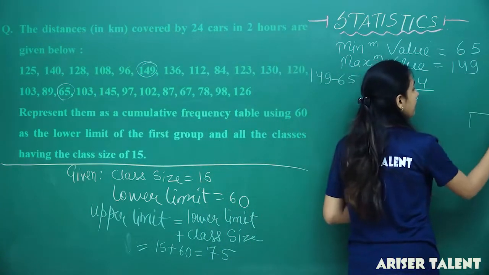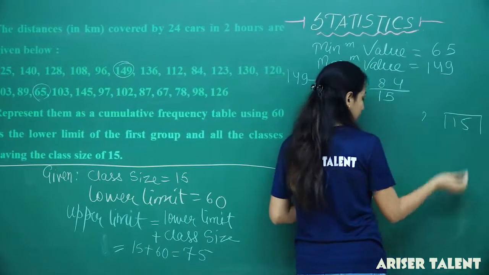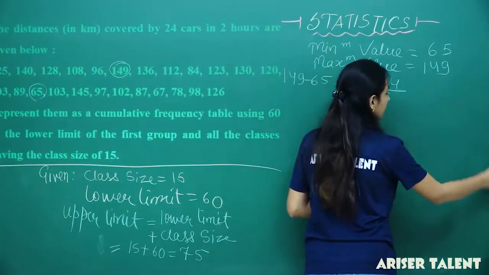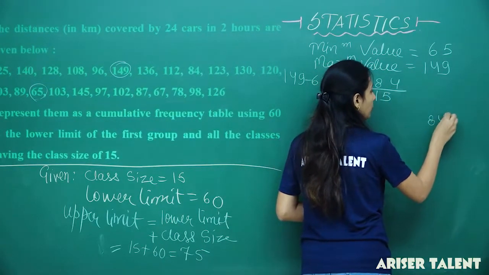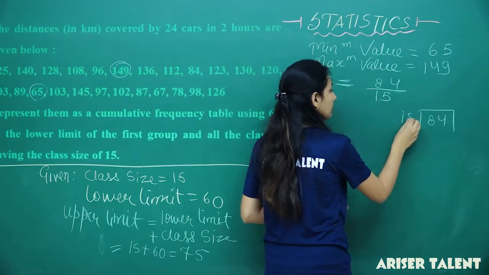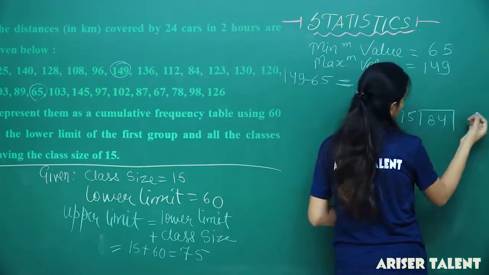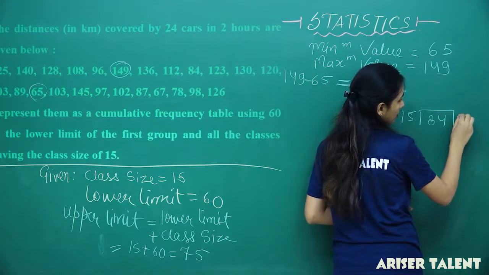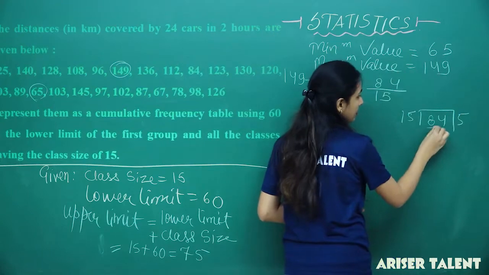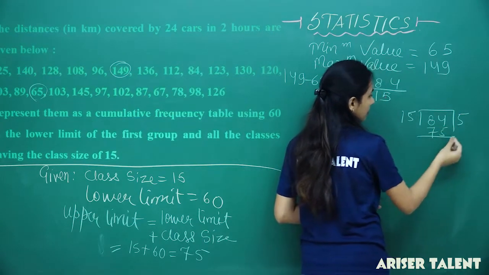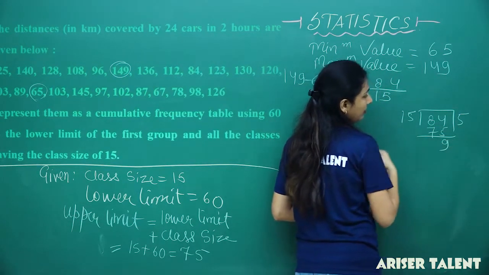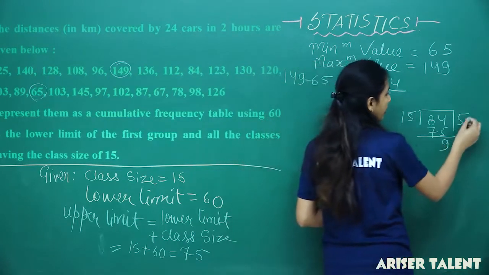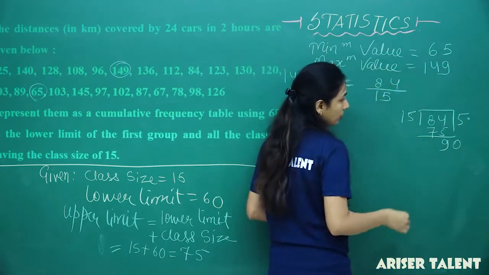So if you divide it by 15, you will get what? This is 84 and this is 15. Five times 15 is 75, then remaining with the 9.